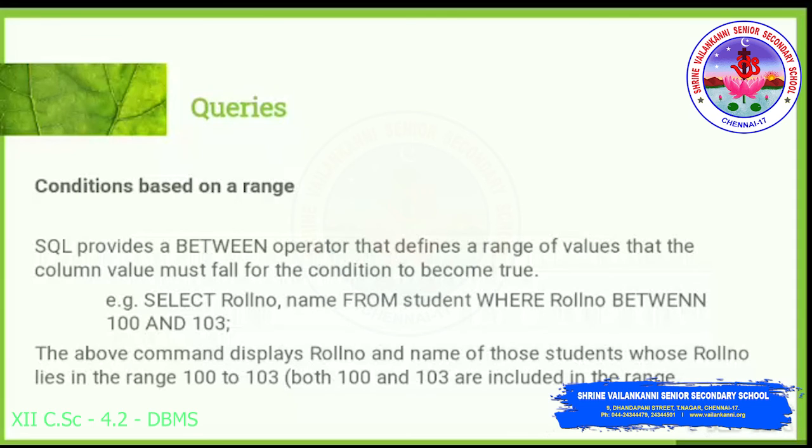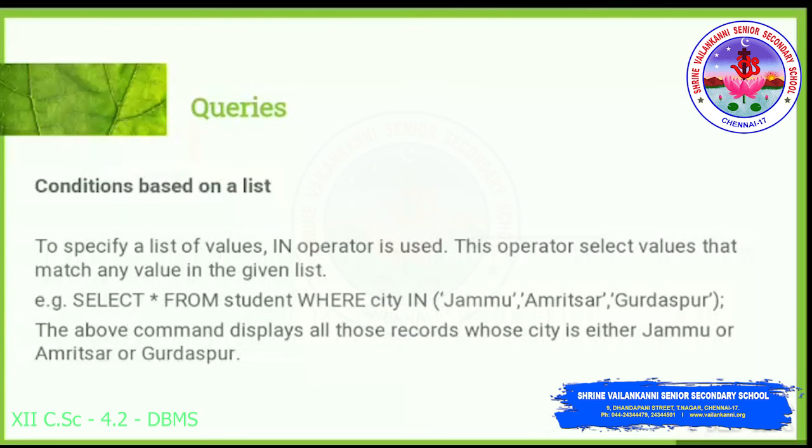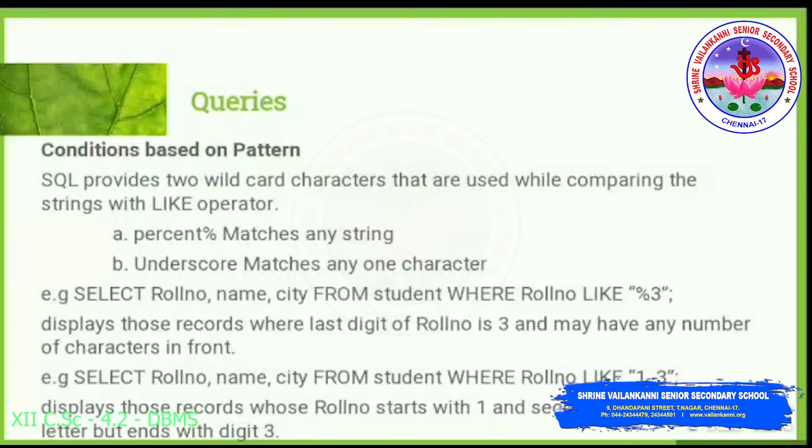Here both 100 and 103 are included in the range. Conditions based on a list. To specify a list of values, the in operator is used. For example, select star from student where city in Jammu, Amritsar, Gurdaspur. So here the condition is Jammu or Amritsar or Gurdaspur. If any one is true, then the tuple is displayed.